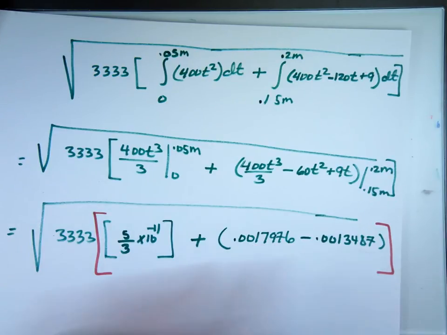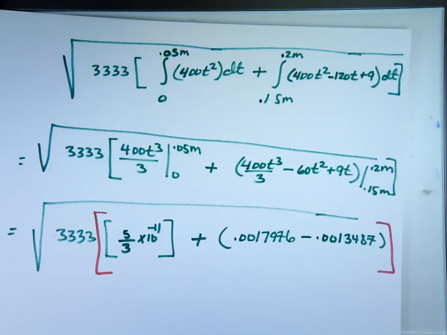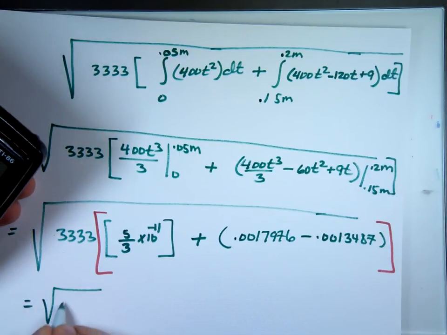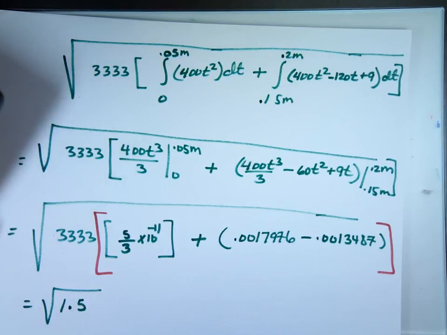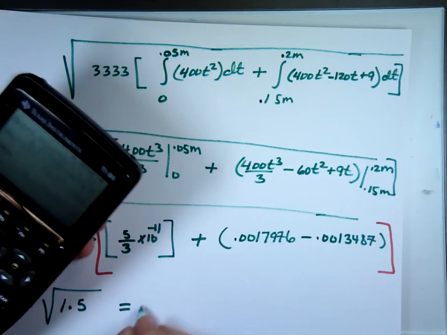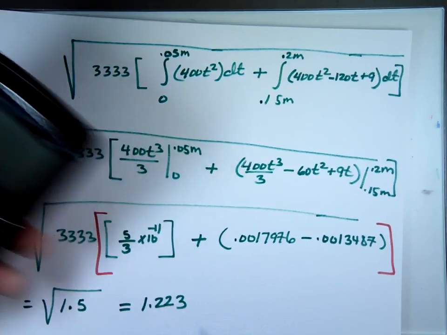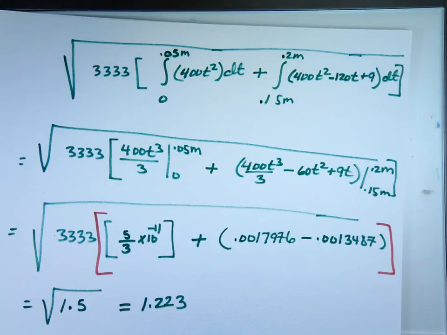Add to it 1.666666667 EE to the negative 11, this whole thing multiplied by 3333.33333. It is the square root of roughly 1.5496. So what's the square root of that? And I came up with 1.223. So the RMS value for that problem is 1.223.